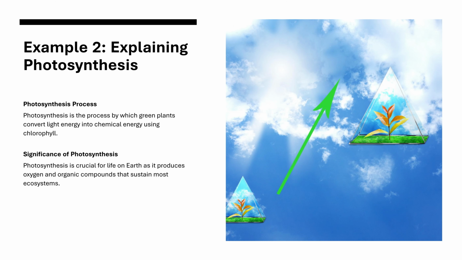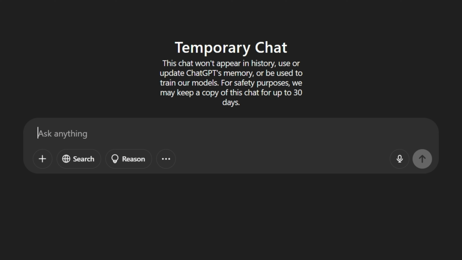Okay, now let's talk about the next example, number 2, and here we are going to talk about photosynthesis. This is more relevant for students if you are using ChatGPT to understand and learn concepts. So if you simply write, how does photosynthesis work?